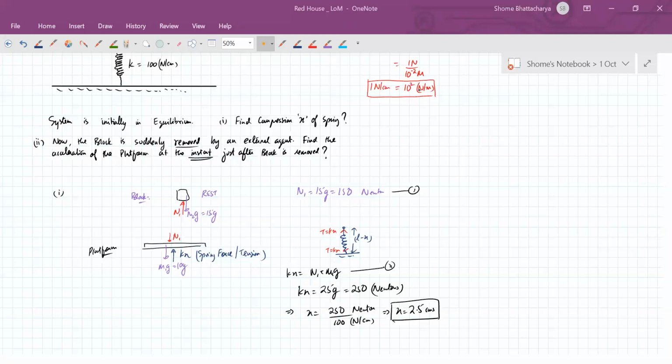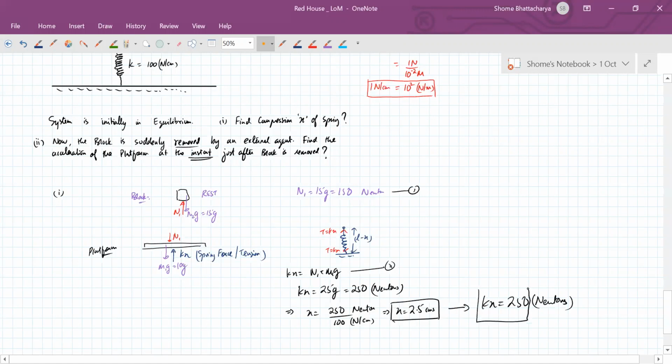While this is x centimeters, the spring force Kx is 250 newtons. It's not millinewtons or something. So you have to keep this in mind. This is what is going to come in handy in the next part of the question.